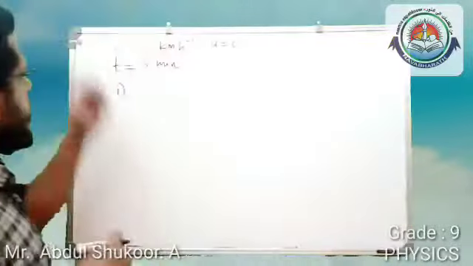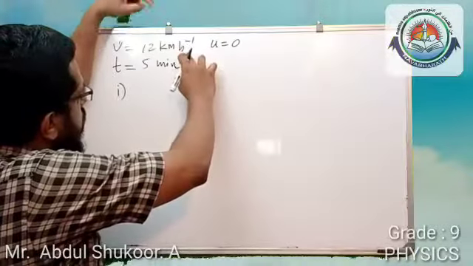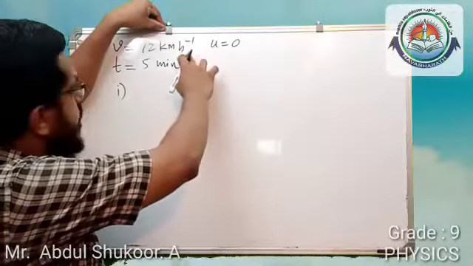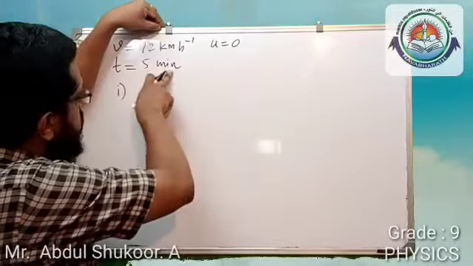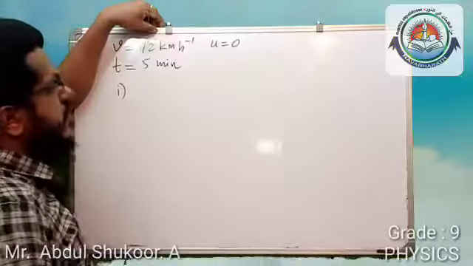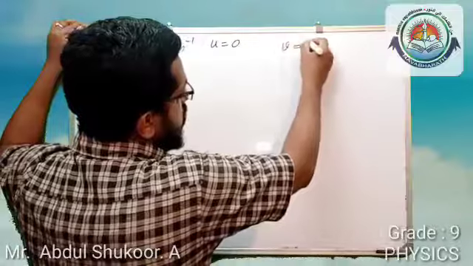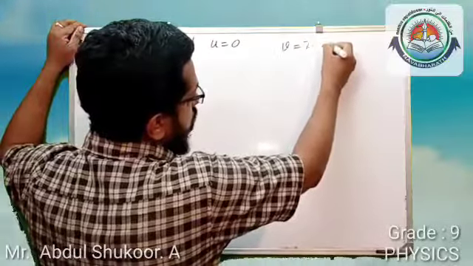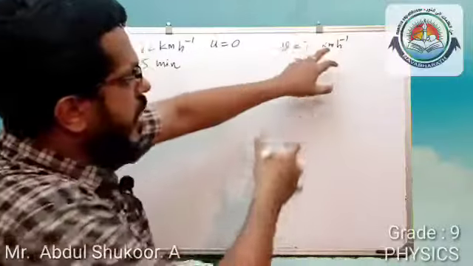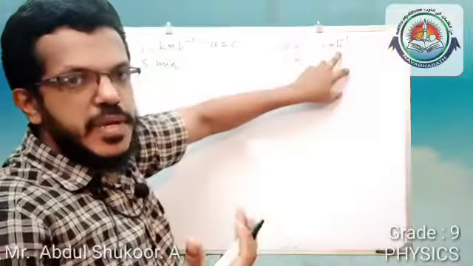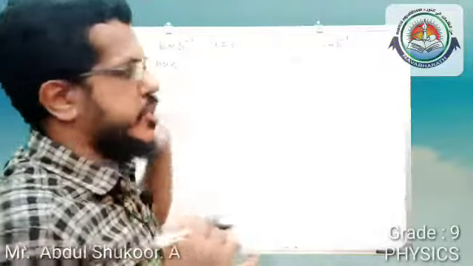Listen here. We want to change this value, kilometer per hour, into the SI unit, meter per second, first. And here time is in minutes, so we want to change this into seconds. V is equal to 72 kilometer per hour. To change kilometer per hour into meter per second, we multiply by 5 by 18.